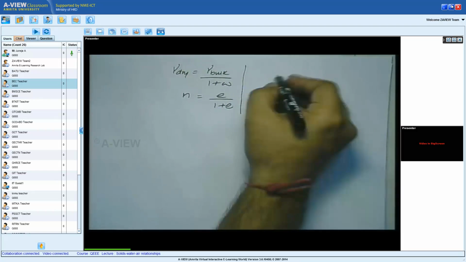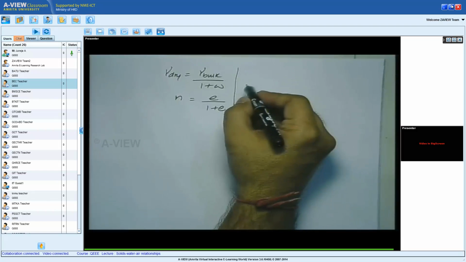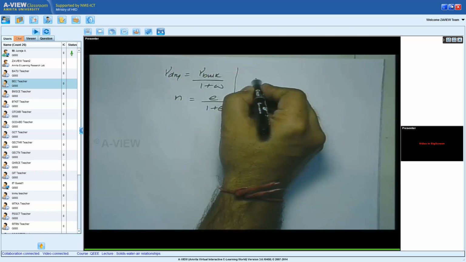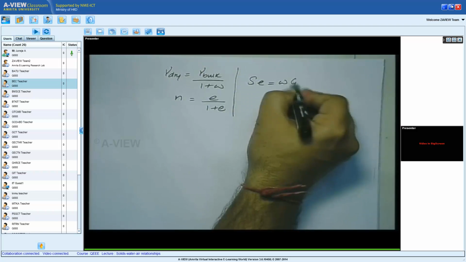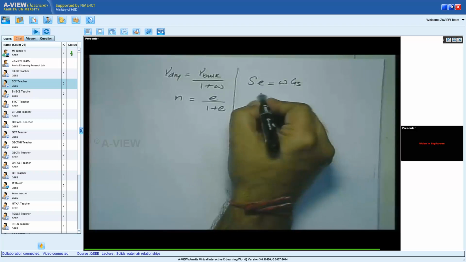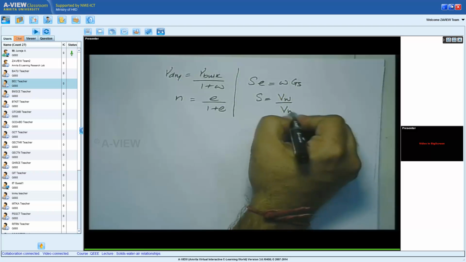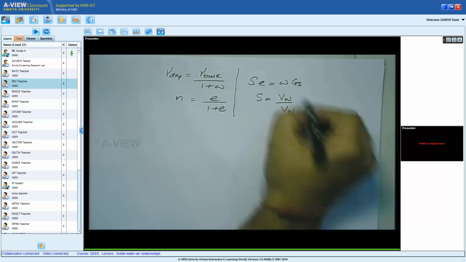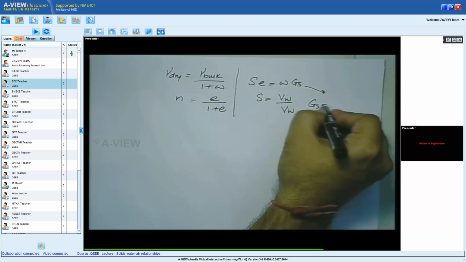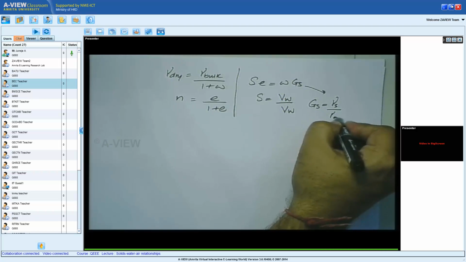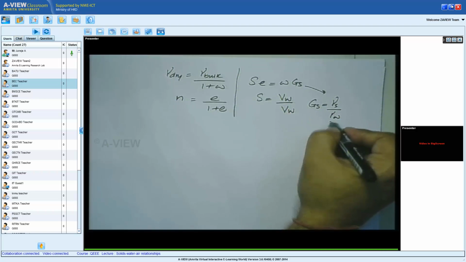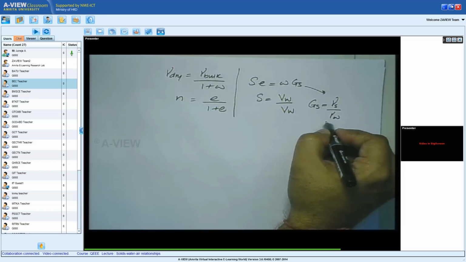We also looked at some relationships which were quite handy to use, which was S e equals w Gs, where S is the degree of saturation, equal to volume of water over volume of voids. Specific gravity Gs was gamma solids by gamma water, and we did say the usual value of specific gravity fluctuates around 2.65 or so.